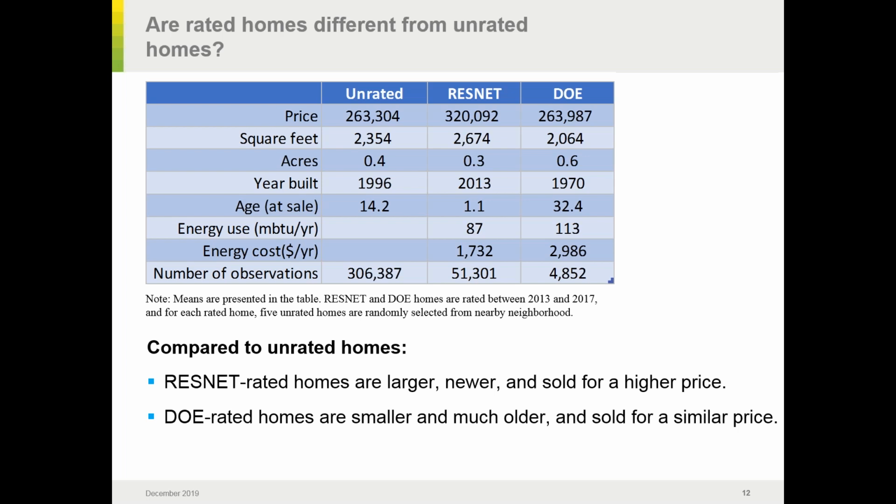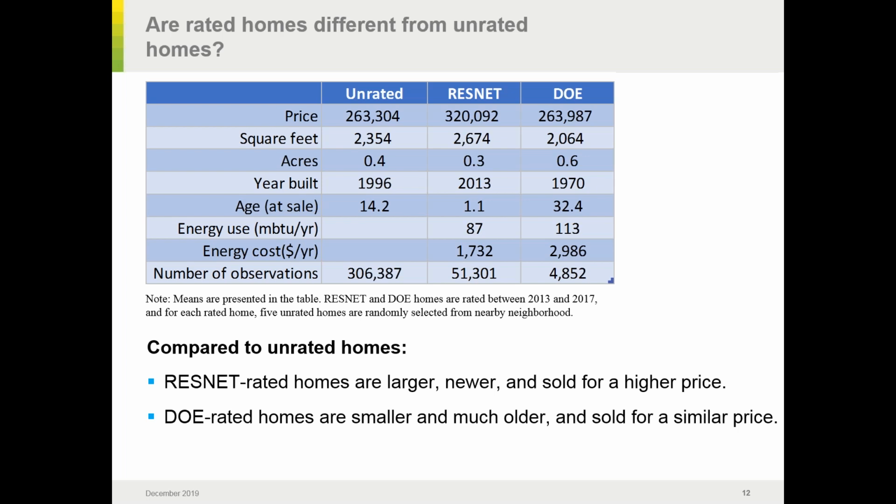They tend to sell for more, but they're also larger in square footage, and they tend to be newer built homes. That's the difference between the RESNET and the unrated homes. So when we do the analysis for the RESNET rated homes, we need to keep in mind that the properties themselves are different compared to the unrated homes, so our analysis needs to account for that.